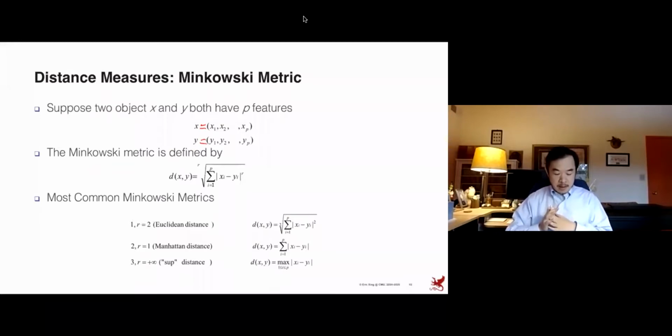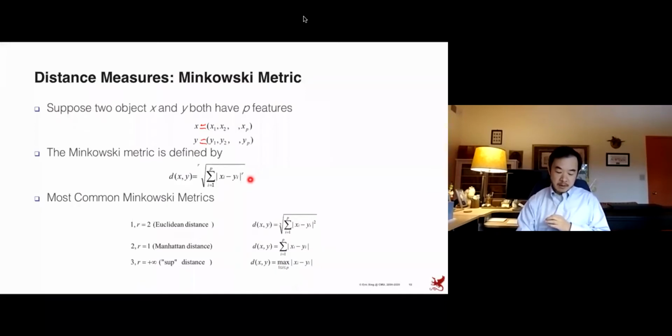Then the Minkowski metric is basically defined as the following. It's the r-th root of the sum of the r-th power of the differences between every dimension. Okay, kind of intuitive.